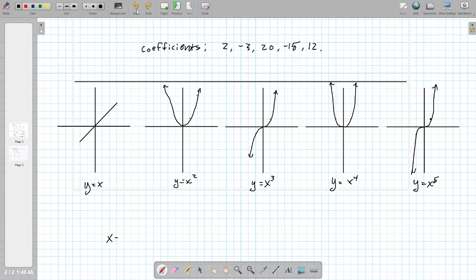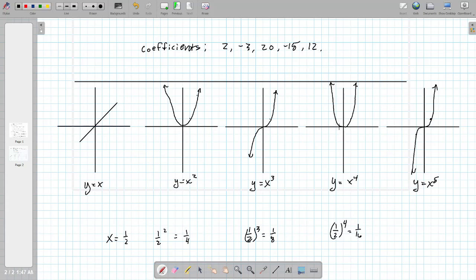Let's say that we have x equals 1/2. 1/2 squared is equal to 1/4. 1/4 is smaller than 1/2, which is why we get this bend. If we take 1/2 and cube it, we get 1/8, which is even smaller than 1/4. So we get an even flatter surface here around x cubed. X to the 4th. This would be 1/16. And 1/16 is much smaller than 1/4, but they're going to have the same general shape.